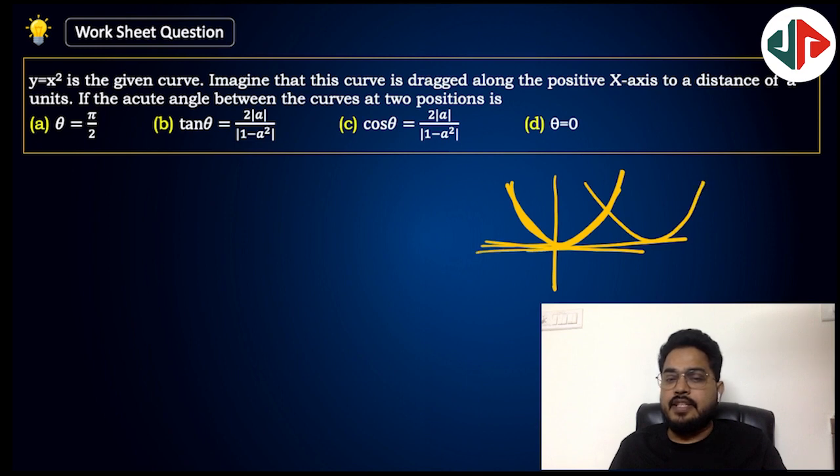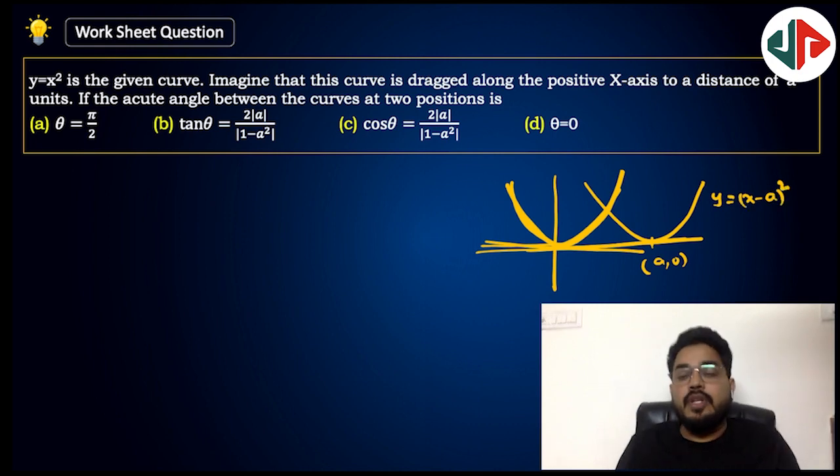In this situation, what is the angle between them? If this point is (a, 0), you should know this one is y is equal to (x minus a) whole square, because the vertex is (a, 0). Where these are intersecting, you need to find the angle between these two.